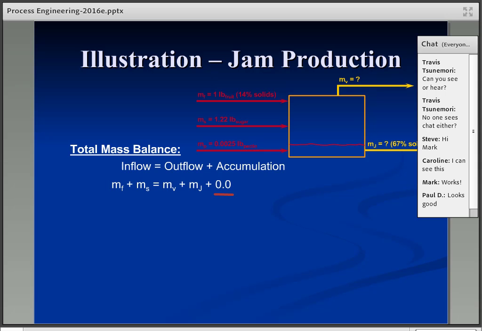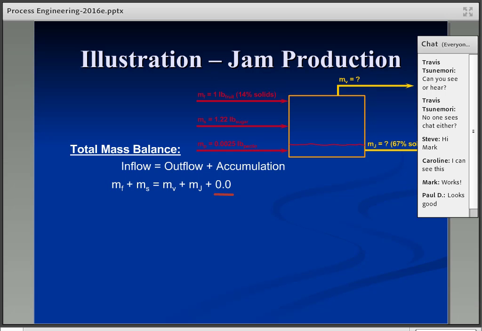And if you look, I've got 2 inflow terms: the mass of fruit coming in, the mass of sugar coming in, and something's missing there. If you'll notice, think about that a second while I'm talking about the other side. The outflow is the mass of water vapor and the mass of jam. So 2 inputs and 2 outputs.